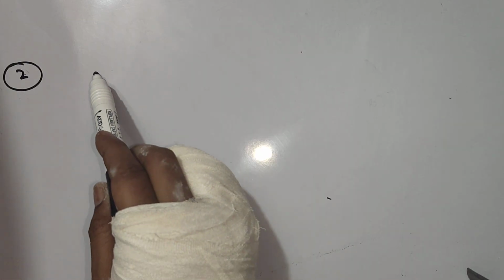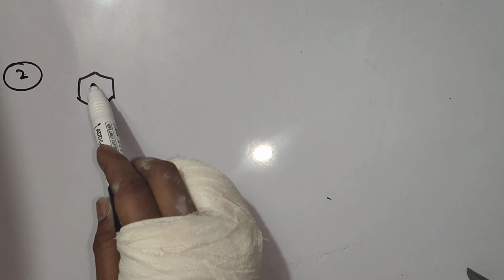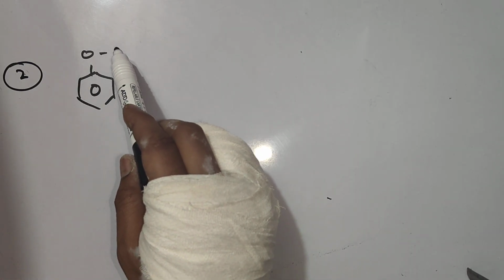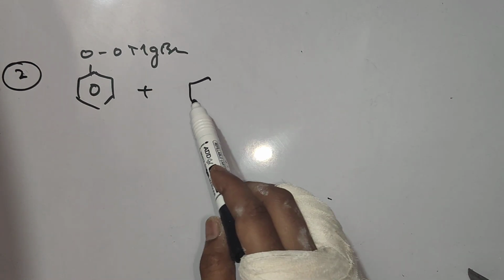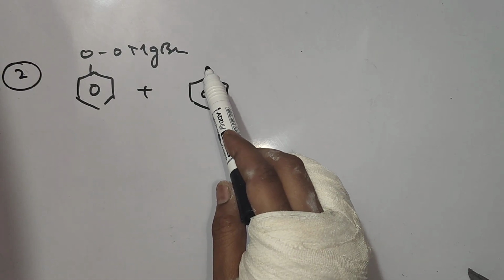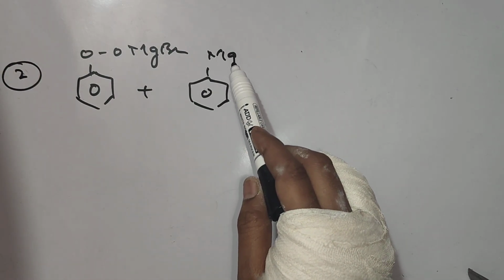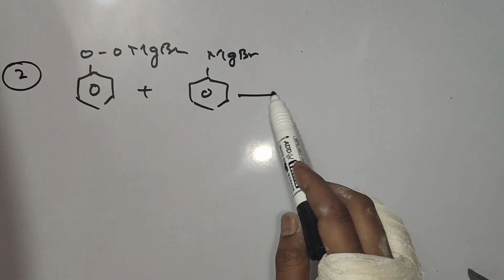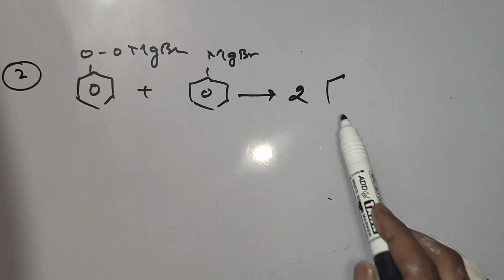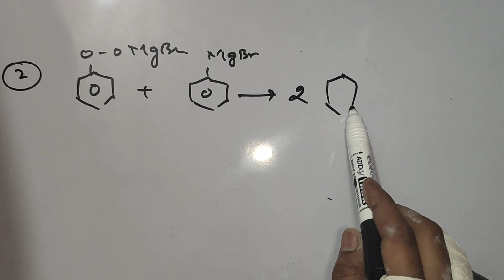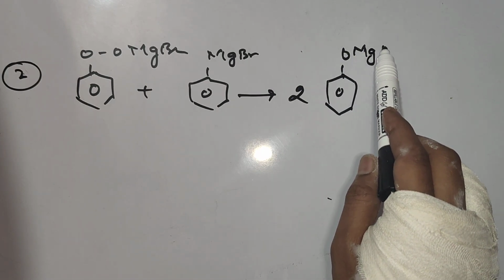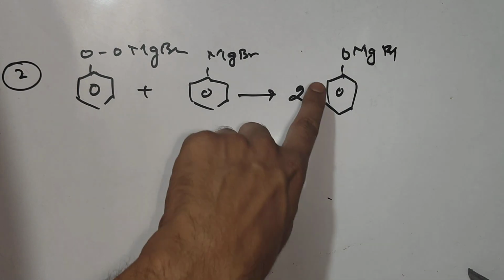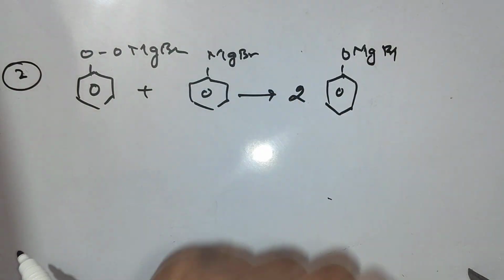The second step was in which I said one particle of phenyl peroxy magnesium bromide is going to react with another particle of phenyl magnesium bromide and will give you two particles of phenyl oxy magnesium bromide. This is phenyl, this is oxygen, so phenyl oxy magnesium bromide.